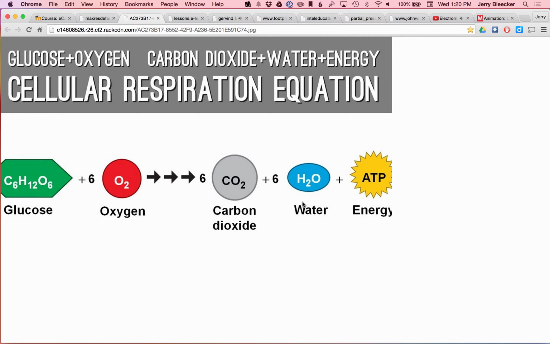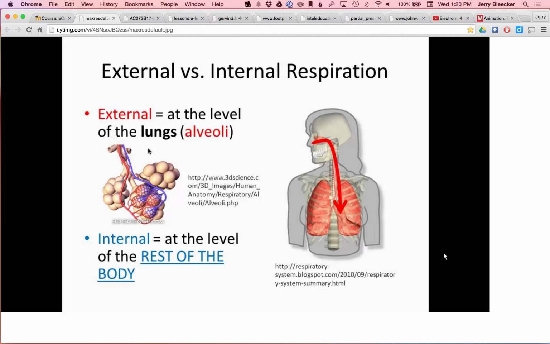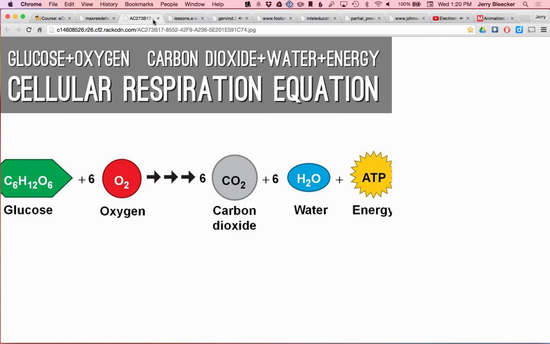You see that coming out of the tailpipe of the car. And what we really need to run our automobile, our processes of life, is to produce energy. So that's cellular respiration. So make sure you're aware: three levels of respiration. First is external, second is internal, and the third is cellular.